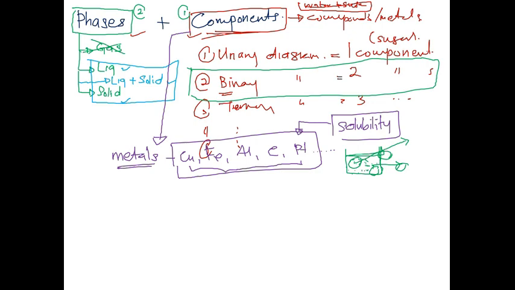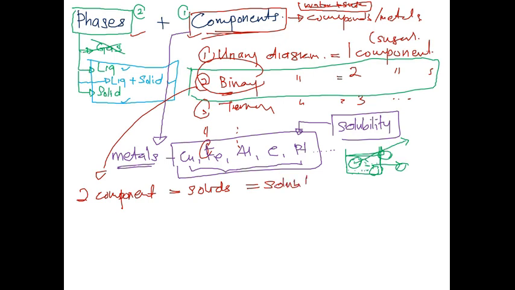So what is the criteria for you to pick the metals for a two component system, or binary system? Because we want to look at binary, which means two components. How do you make sure you have the correct solids that can be soluble in each other?